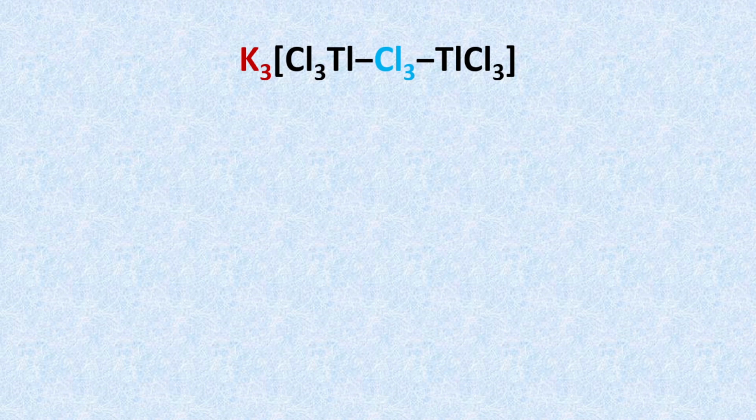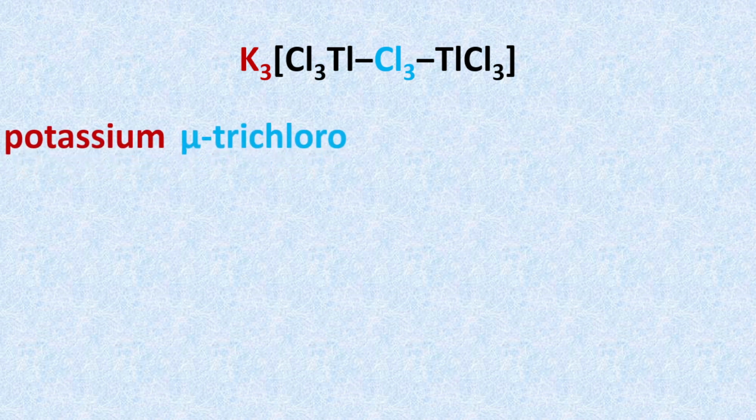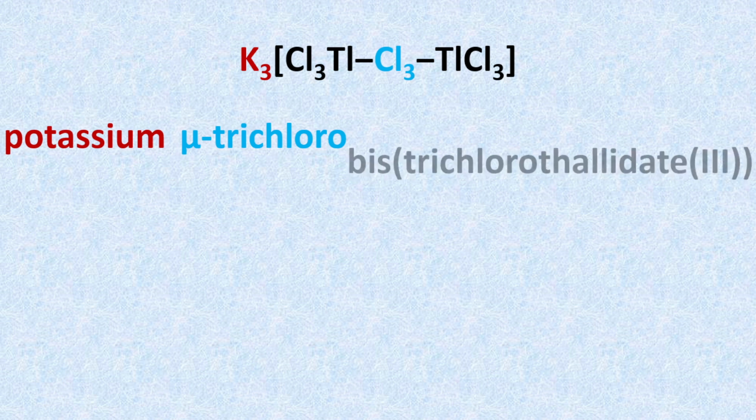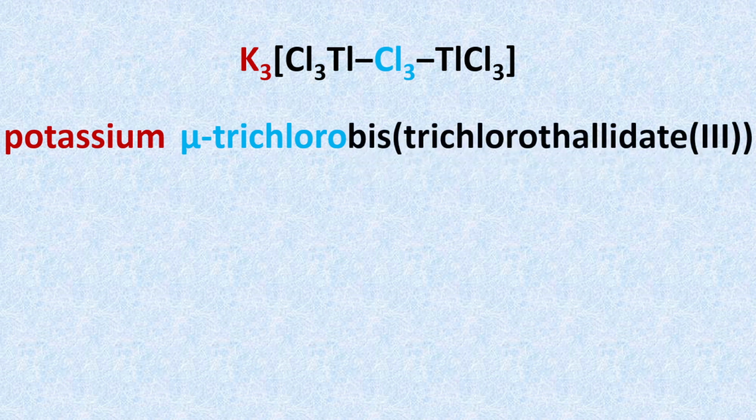This complex possesses 3 chloride bridging ligands. So based on the IUPAC rules, potassium mu-trichloro. Here thallium is a part of an anionic coordination sphere, so its name will be written as thallate. So bis(trichlorothallate 3).